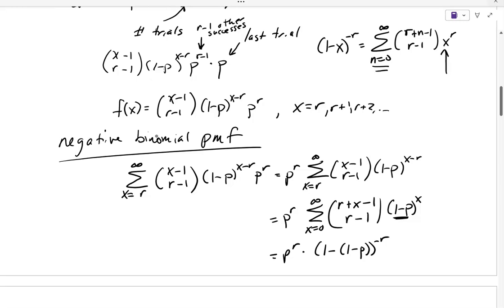I know my n's and x's are flipped around, right? My x is playing the role of n, and my 1 minus p is playing the role of x, right? The quantity 1 minus 1 minus p is just p. I've got p to the r times p to the negative r. What's that equal? 1, which is what I needed it to equal.